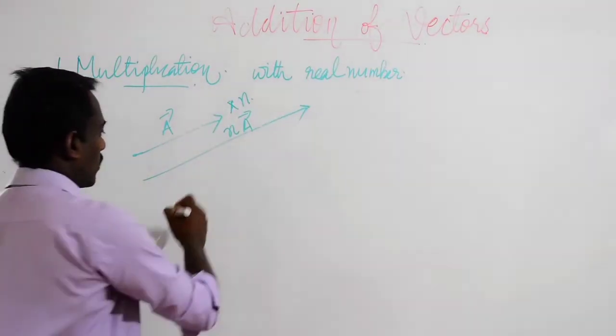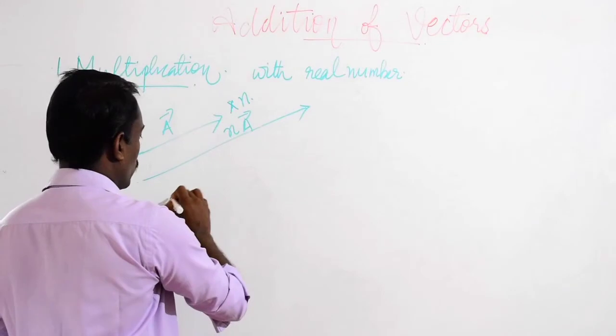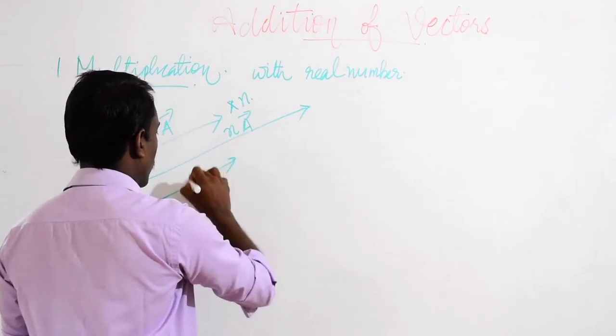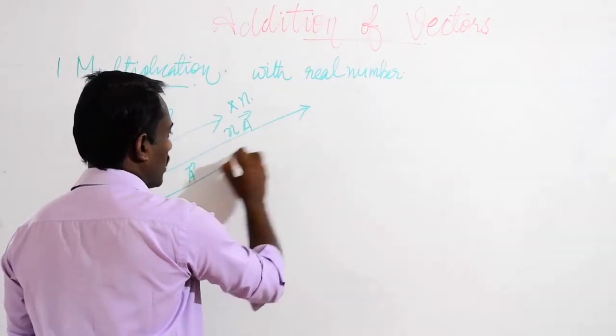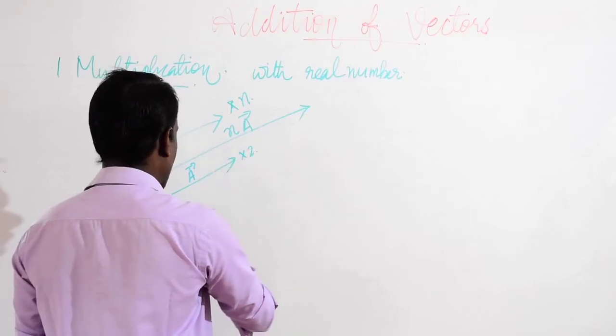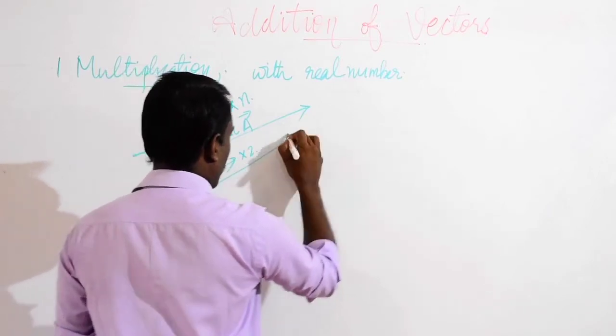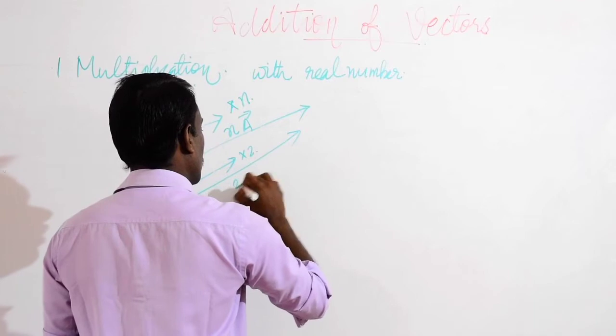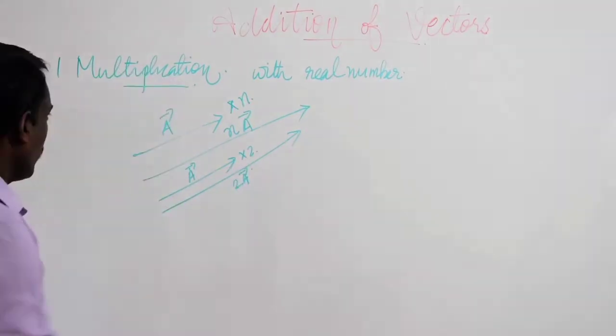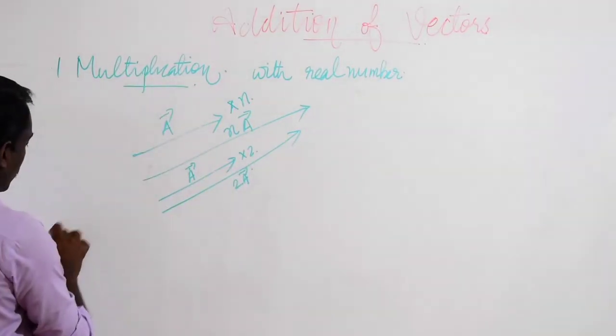For example, if A is multiplied by 2, the vector becomes 2A.